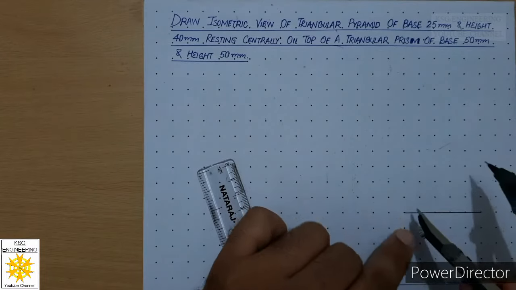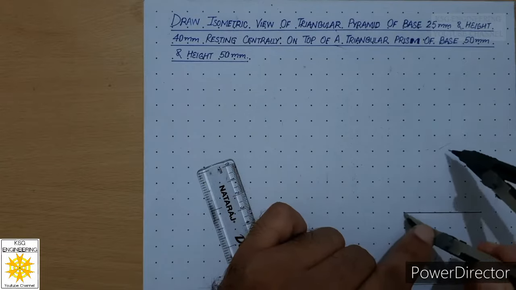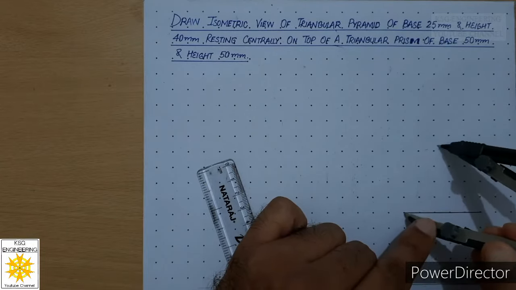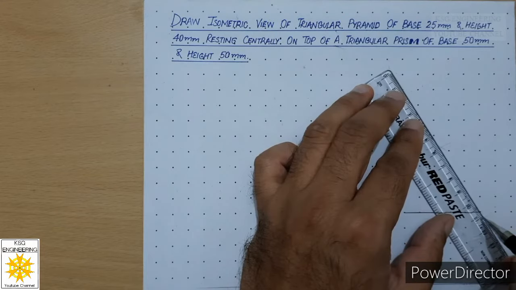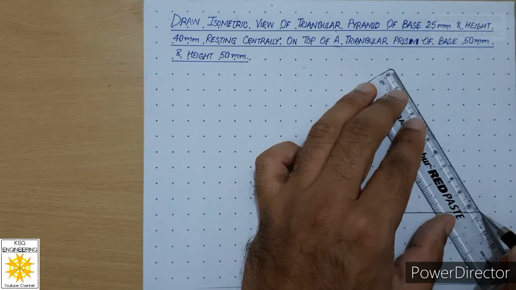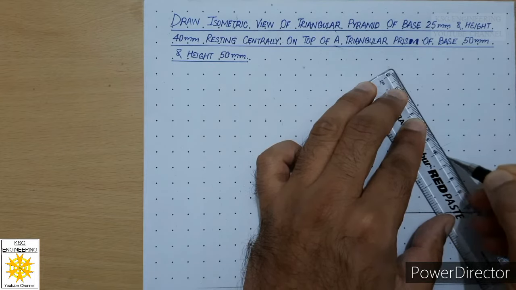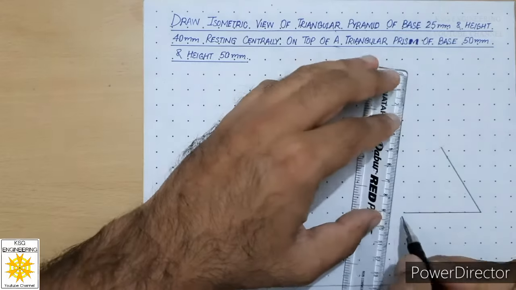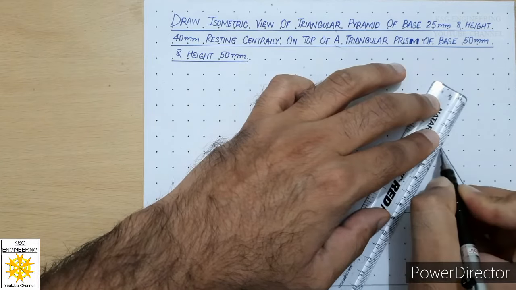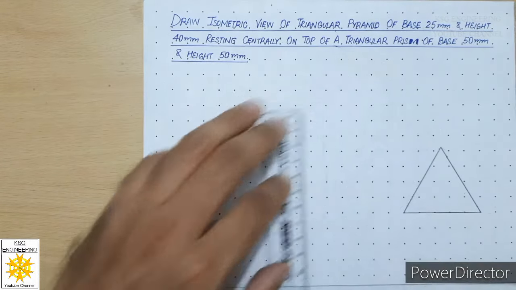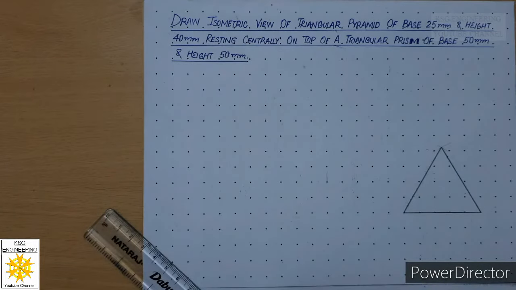Then we will put compass at this end of this line and we will draw another thin arc. Then we will join these points with thick line to get the second side of the triangle. And now let us draw the third side of the triangle by joining these 2 points. So now we are ready with the triangle.